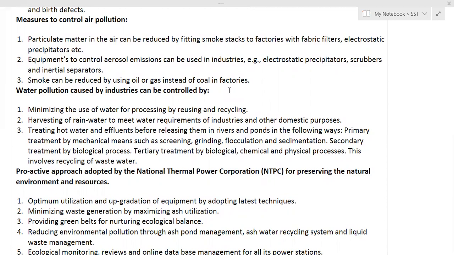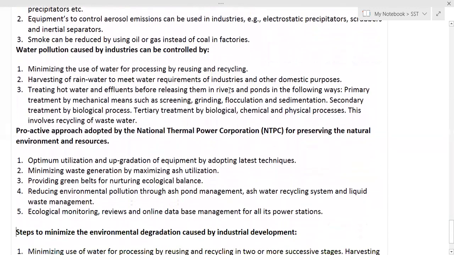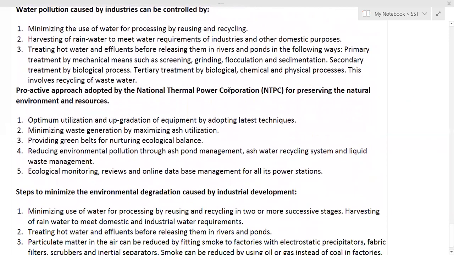Equipment to control aerosol emission can be used in industries, for example electrostatic precipitators and scrubbers. Smoke can be reduced by using oil and gas instead of coal in factories, because coal causes a lot of smoke, and rather than that we can use oil and gas.